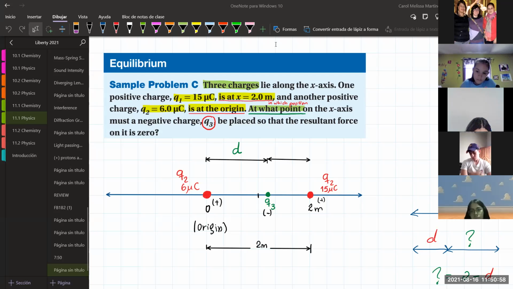We have a total distance of 2 meters, and we have a value that we don't know yet, but we call it D. So the rest of the distance, which is this one, I can call it 2 minus D. That's a way to get it.